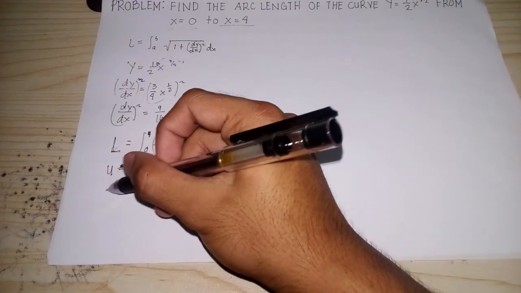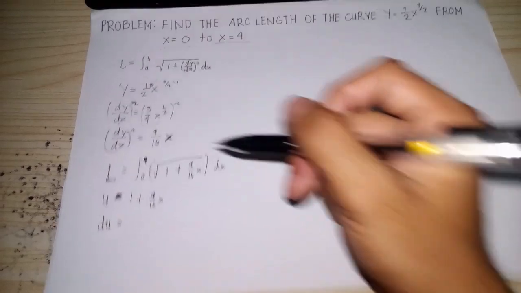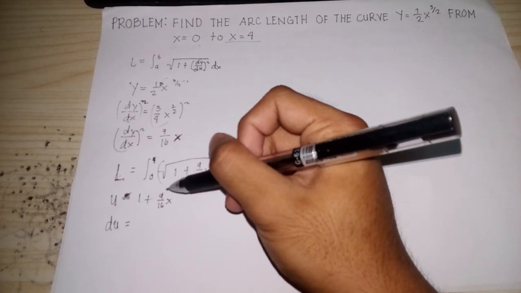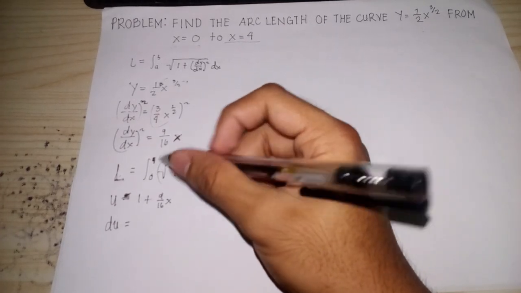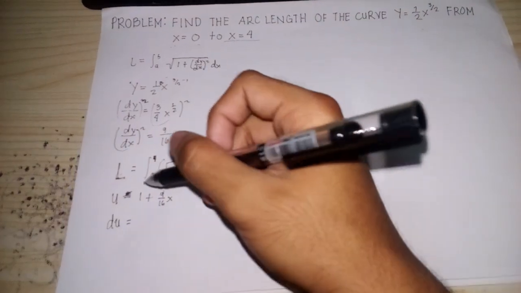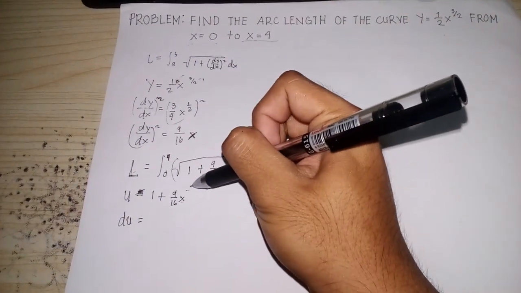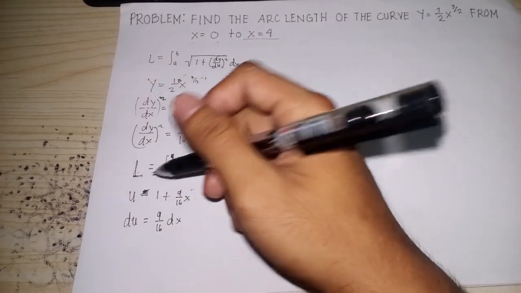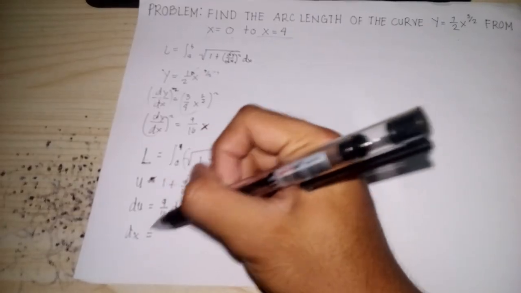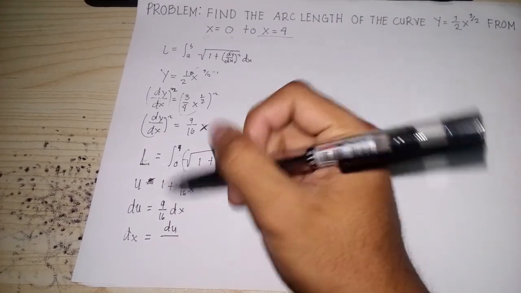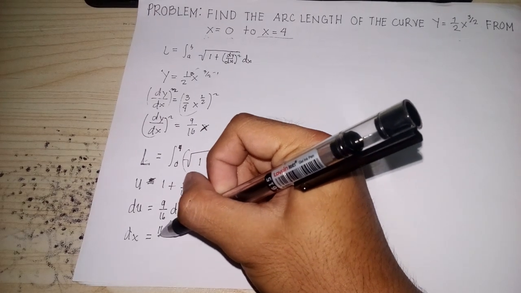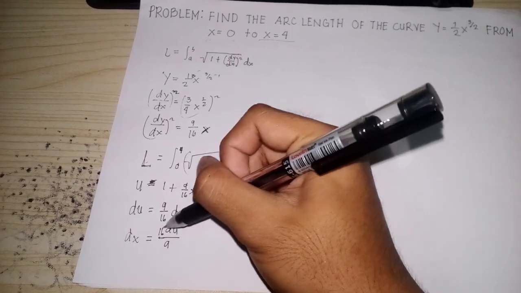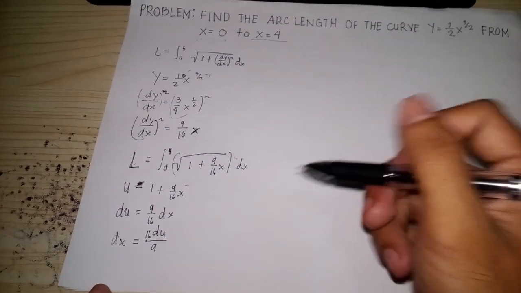If we derive this, we get 9/16 only, so du is 9/16 dx. If we isolate dx, we get 16 du over 9, since 16 will move to the numerator. So that's our dx.